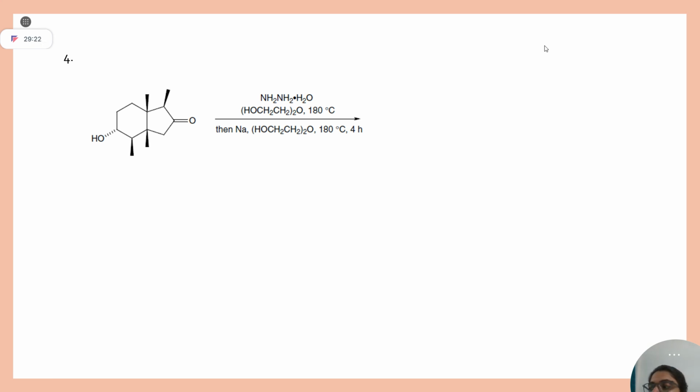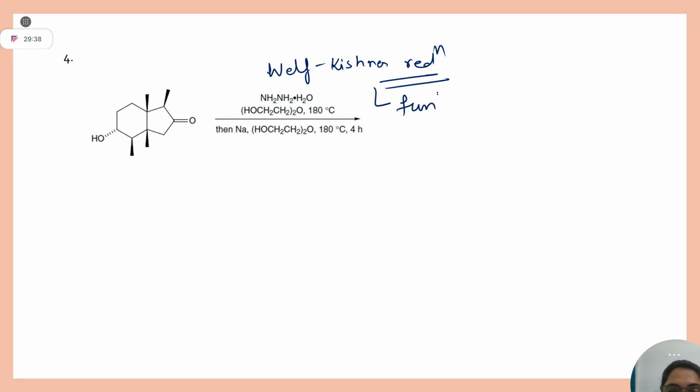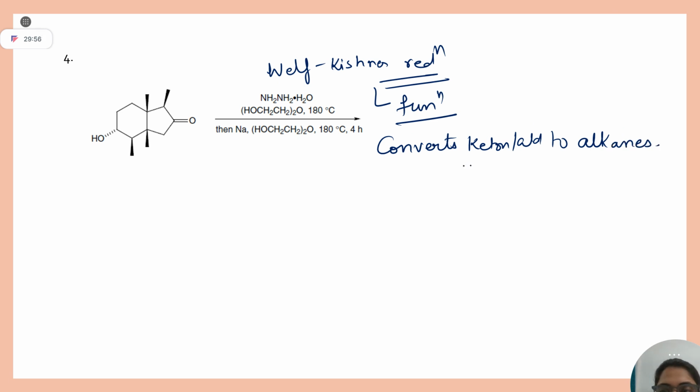I hope you have solved. It's a very easy question. If you remember, this is nothing but your Wolff-Kishner reduction. If I ask you the direct function of this, it converts ketones or aldehydes to alkanes. So the product will be this.